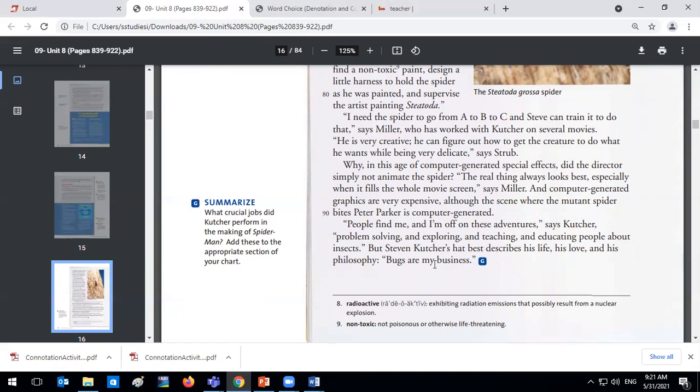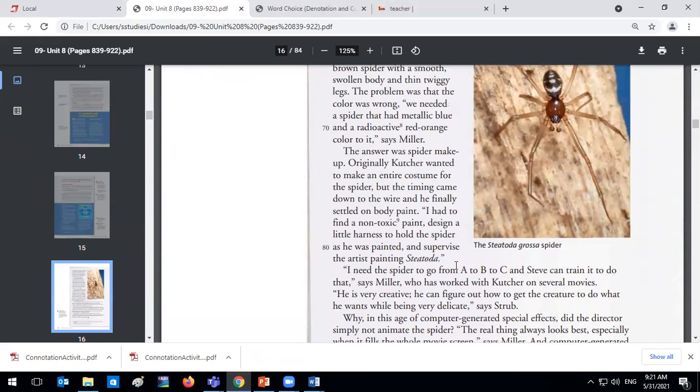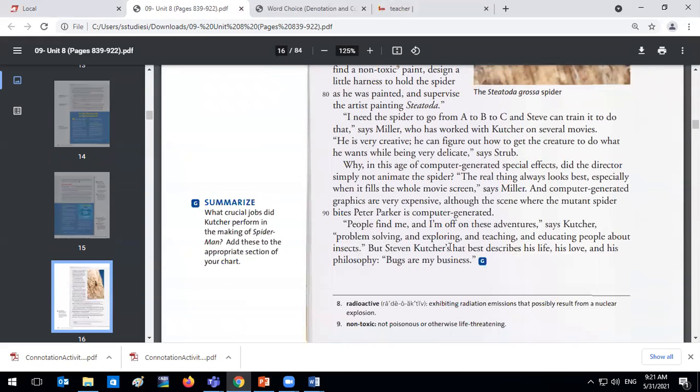But Steven Kutcher best describes his life, his love, and his philosophy: Bugs are my business. So he feels that in order to make these animals follow his lead or do as he wants them to do, he needs to understand them and understand their habits and their nature, their habitats. So his job is always about research, exploring, and basically bugs is his business.